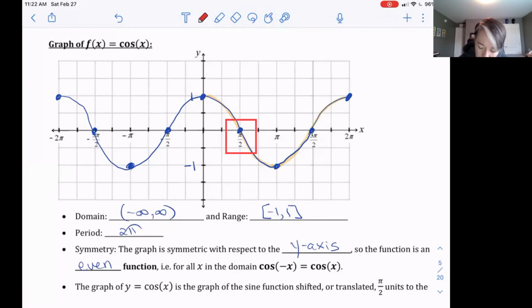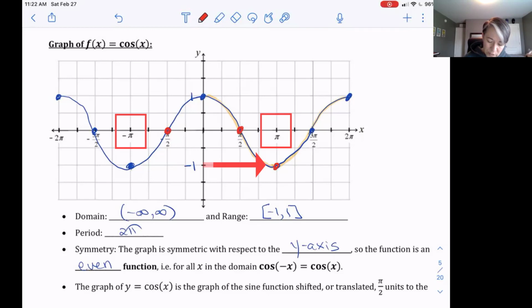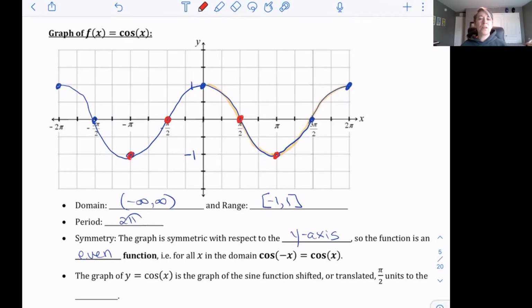Here we plugged in pi over 2 and got 0 for y, and at negative pi over 2, we still get 0. At pi, we got -1 for y, and at negative pi, we still get -1. So opposite x values give us the exact same y values.